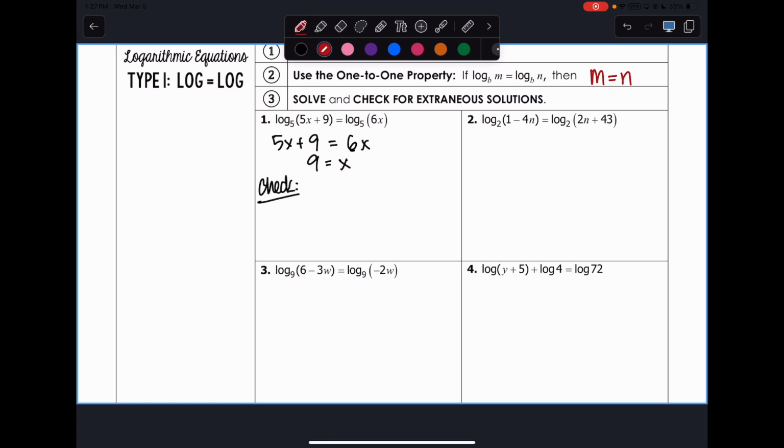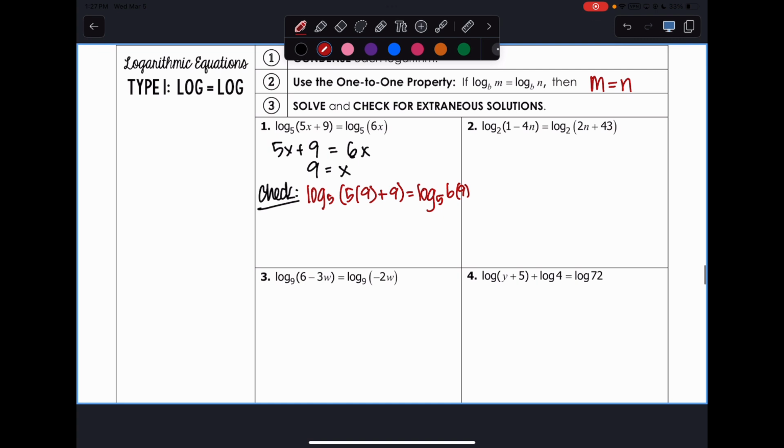Okay, so when we check, it'd be log base 5 of 5 times 9 plus 9 equals log base 5 of 6 times 9. That should get me 45 plus 9. Yeah, log 5 would be 54, and 45 plus 9 is 54.